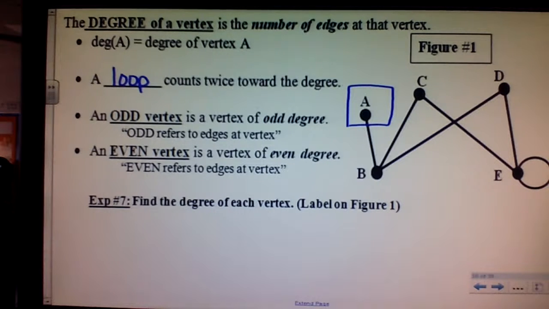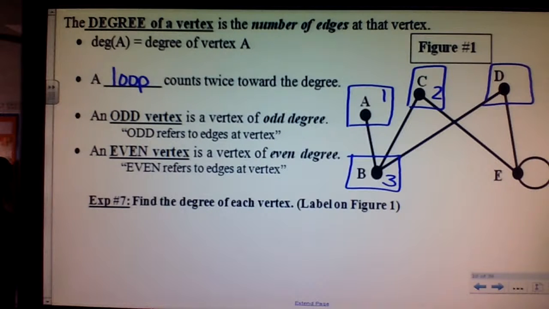One. So A has a degree of 1. B has 3. C has 2. D has 2. E has 4. Again, that loop counts as 2. Then you've got an edge that goes out to D and an edge that goes out to C.